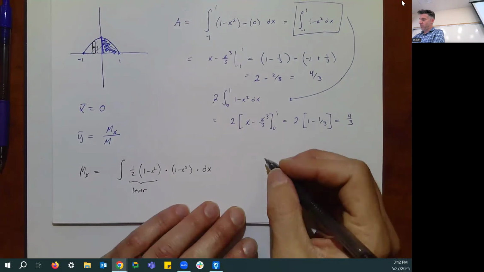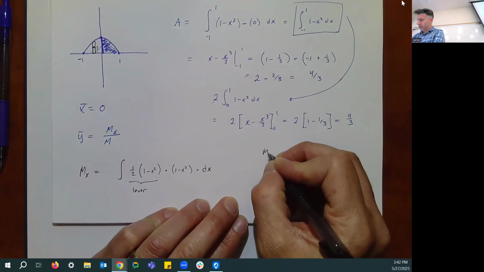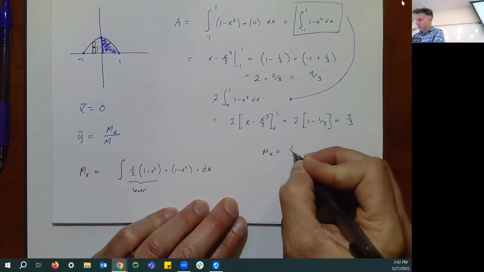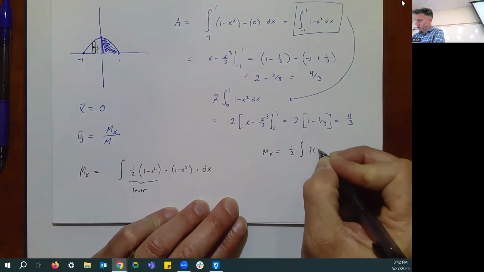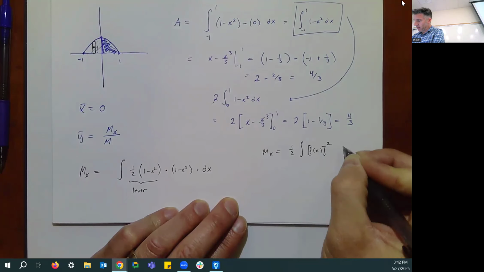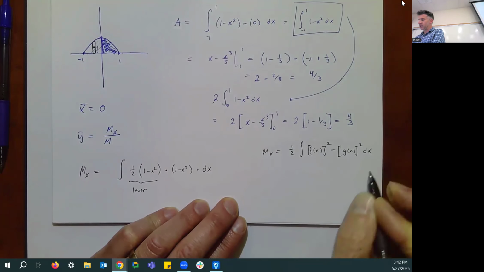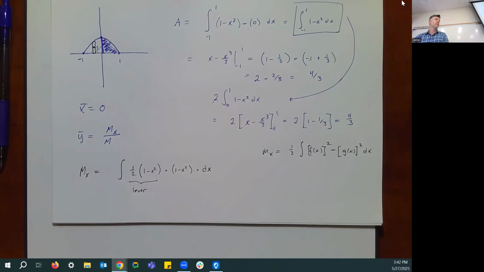The more general formula being that the moment around the x-axis is 1/2 the integral of the top function squared minus the bottom function squared. It's just that in this case, our bottom function is 0. But it's exactly what we've got.